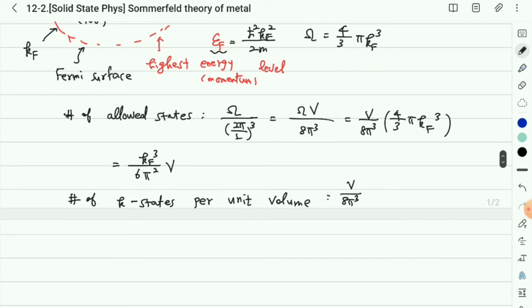Because one single quantum state can be occupied by 2 electrons, due to spin up and down, the number of electrons that can occupy is 2 times kF cubed V over 6π², and therefore it is kF cubed V over 3π². It is the number of allowed states, the number of electrons.